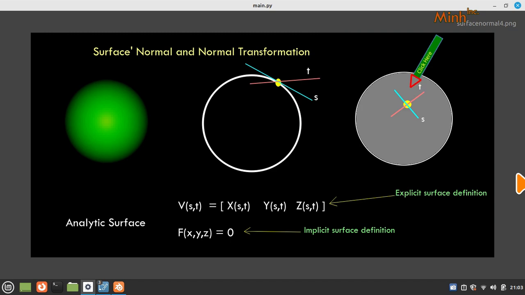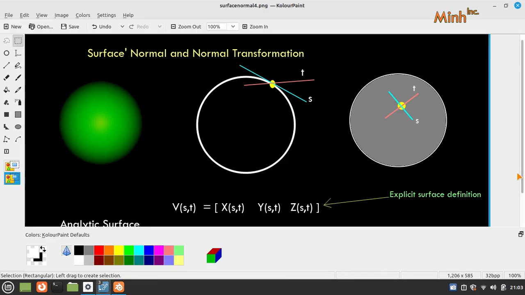So what we are trying to find is one surface. Now we are talking about a line that is tangent. Can we think about a surface?